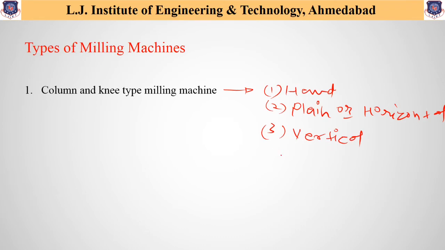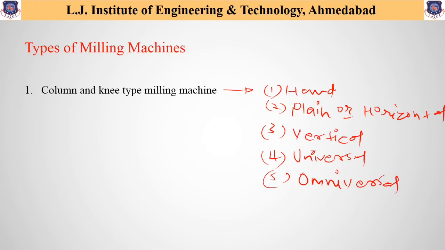And a combination of the above two, horizontal and vertical, may lead us to another two types. First one is the universal milling machine, and the fifth one is the omniversal milling machine.